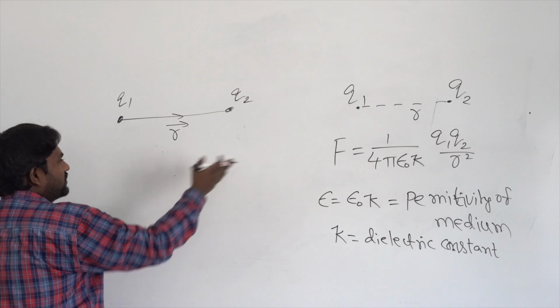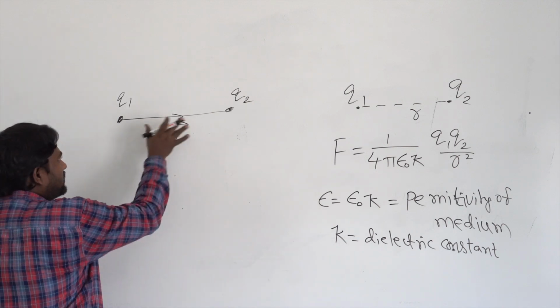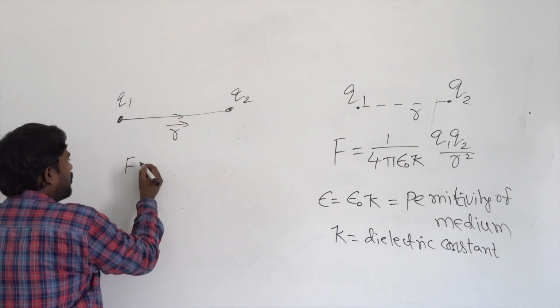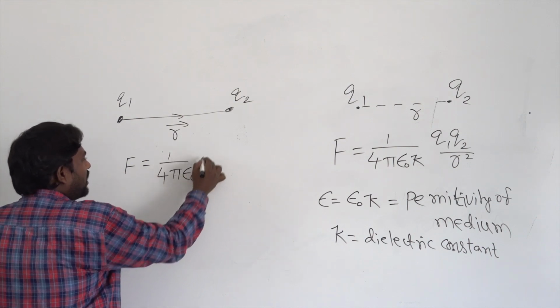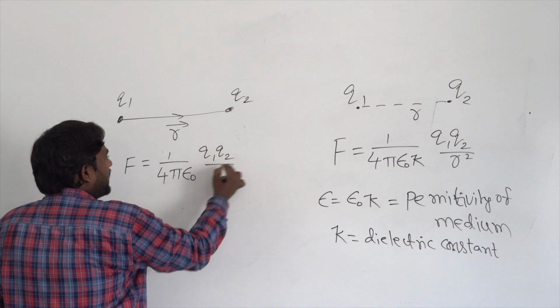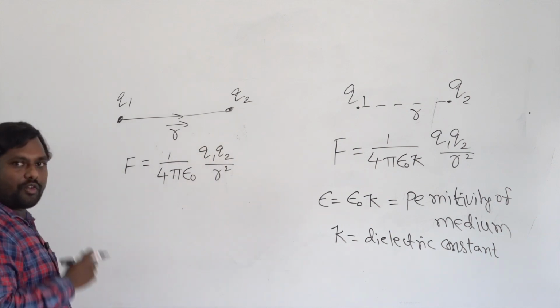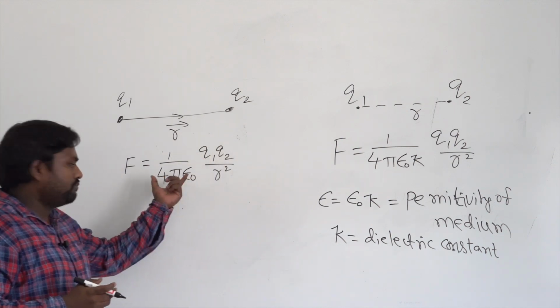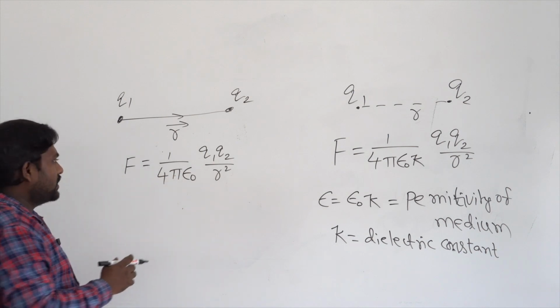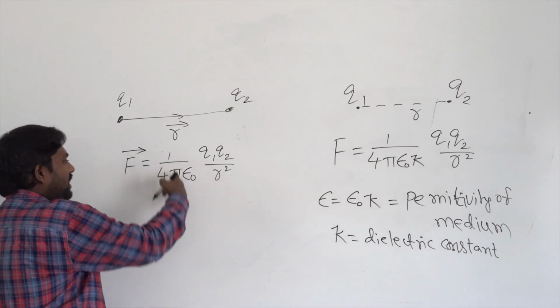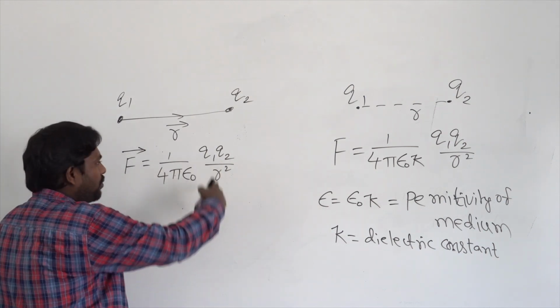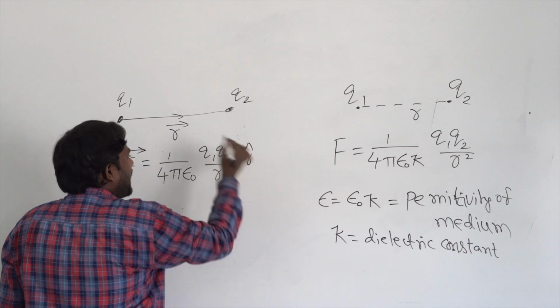Then magnitude wise, already we have seen, let us say they are placed in vacuum, then the force of interaction between them is 1 by 4 pi epsilon naught q1 q2 by r square. This is the magnitude of force between them. And vector wise, F vector is equal to 1 by 4 pi epsilon naught q1 q2 by r square into r cap.